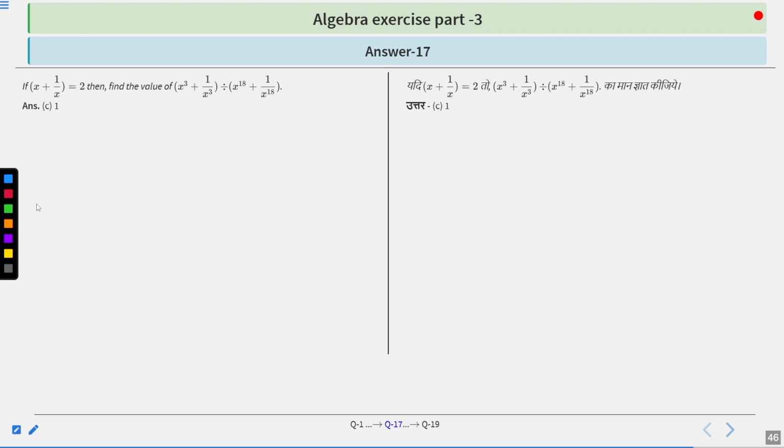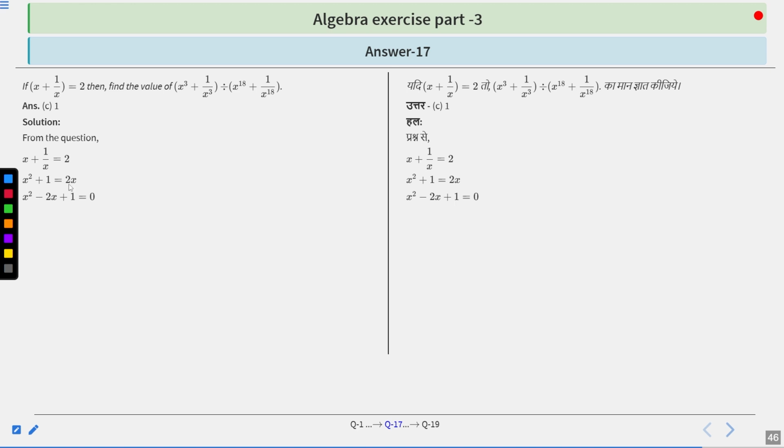So, from the question, x plus 1 upon x was equal to 2, that was given. Taking LCM x, with cross multiplication, x into x will become x square, so x square plus 1 is equal to 2x.